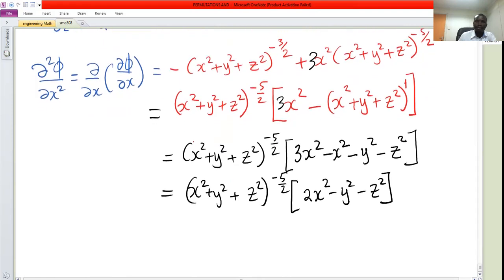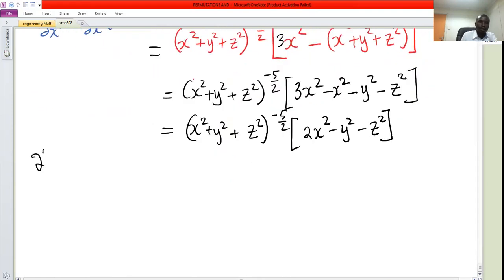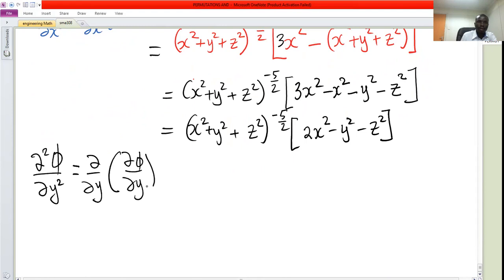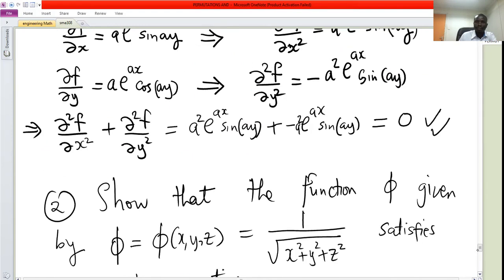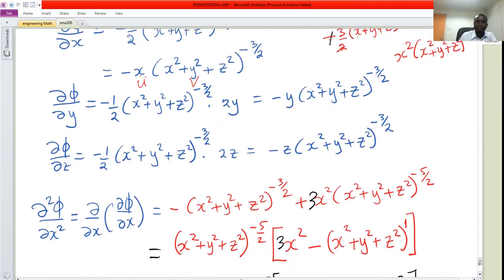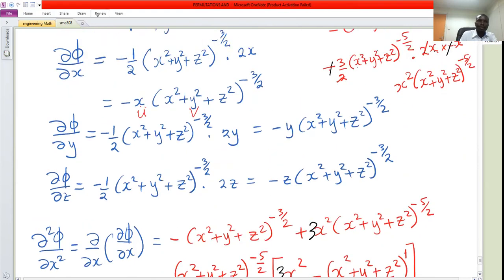And then for y, similarly, partial squared phi over partial y squared will be partial y into partial phi over partial y. So let's go to the first partial derivative of y. So this is the first partial derivative of y.